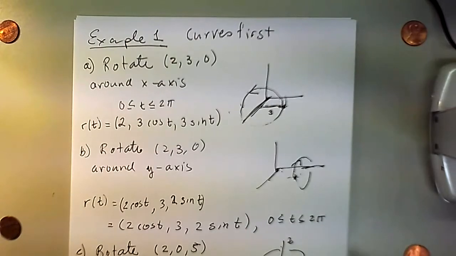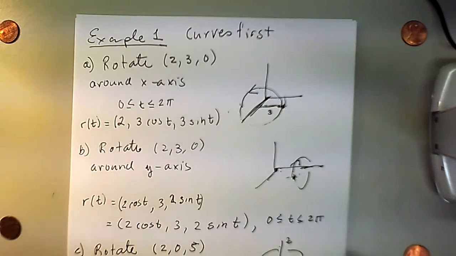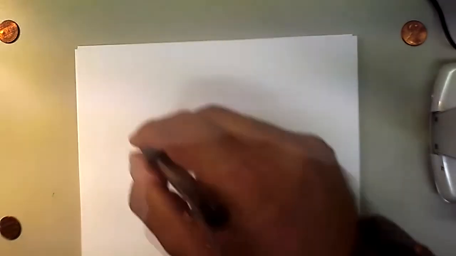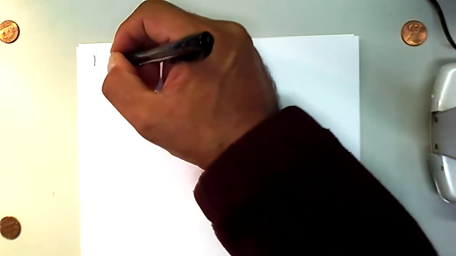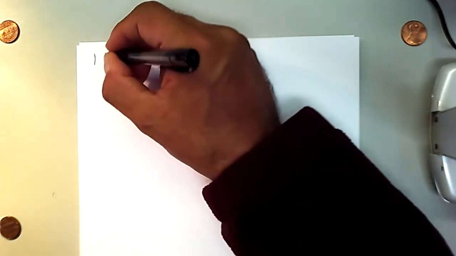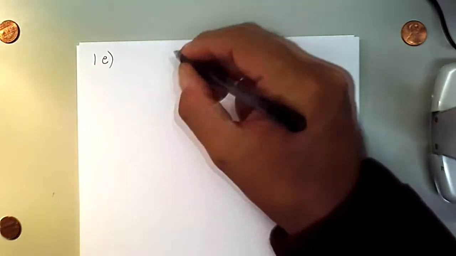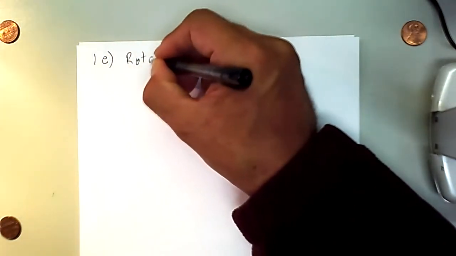How about a point that is on the YZ plane? So let's move on to example 1E, because we just did D. So rotate.